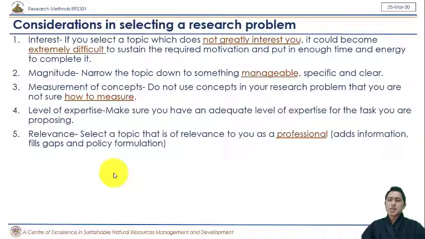So in that case, it's not relevant for that study area, though it's relevant for your profession. So look at the relevancy of your profession as well as that study area, and how you would like to fill the gaps with your research.